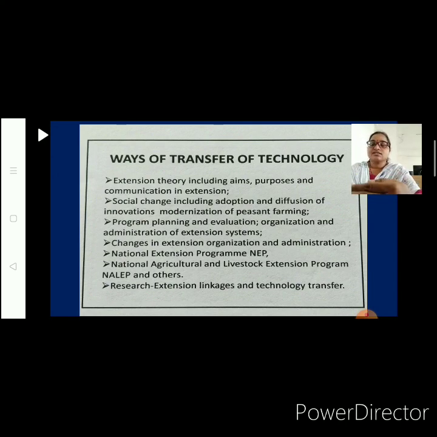The research teams prepare good technology and hand it over to the extension departments, and the extension departments are responsible for reaching every farmer and collecting live feedback, which they hand over to the research team. If there are any lacunas or requirements of the farmers in their locations, they can be fulfilled with good research, and this evaluation has to be done by every extension worker after handing over any technology.